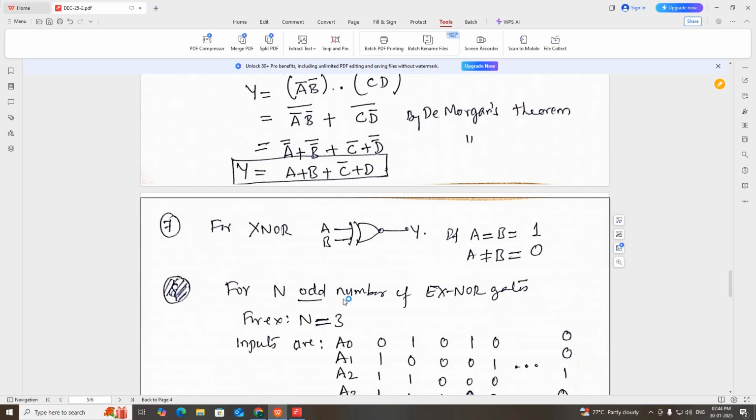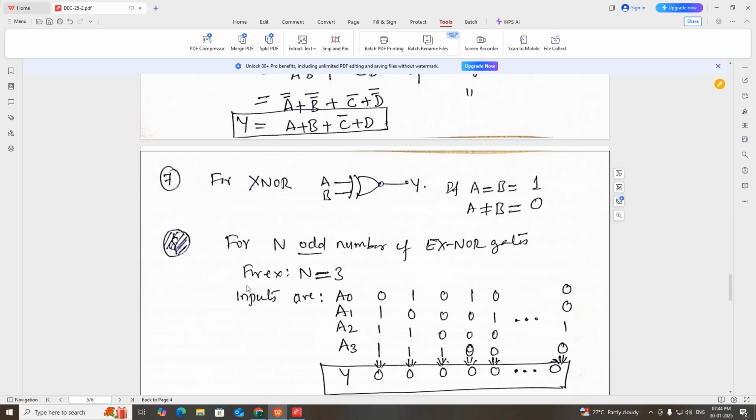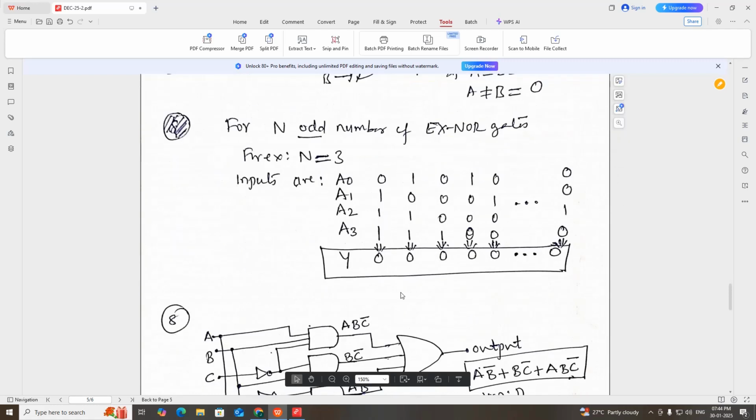For an odd number n of XNOR gates, for example, we will consider n equal to 3, which is an odd number. So how many inputs will we have? Sorry, 3 XOR gates will be there, and therefore we will have 4 inputs, A0, A1, A2, A3. So we have taken an odd number of ones for this particular combination, and your output Y will be 0.